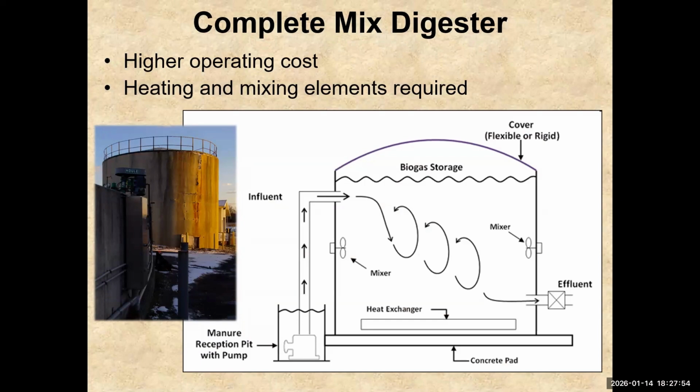By mixing, this means that we are increasing the contact time of those microbes with our organic feedstocks. And it also means that we are minimizing those organic solids from actually settling down into the bottom of our digester. And so we can actually achieve mixing in several ways.